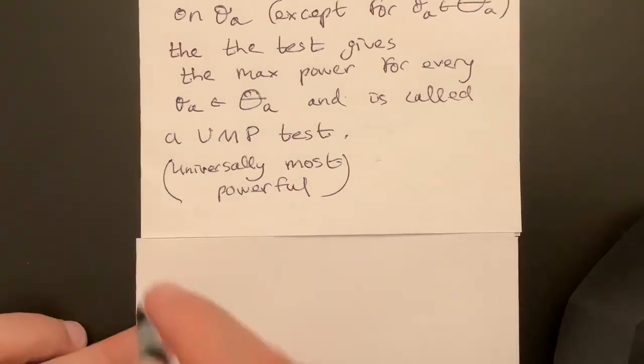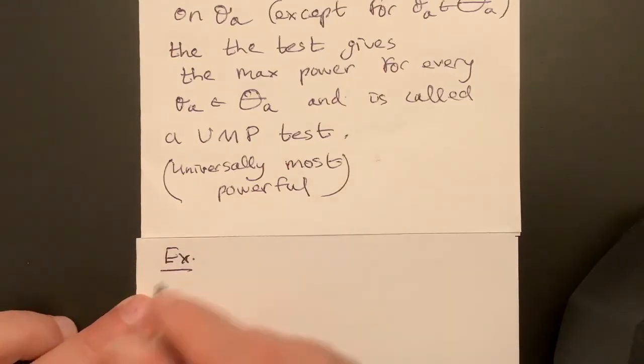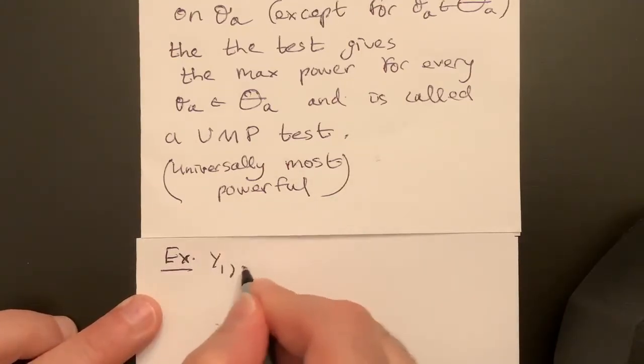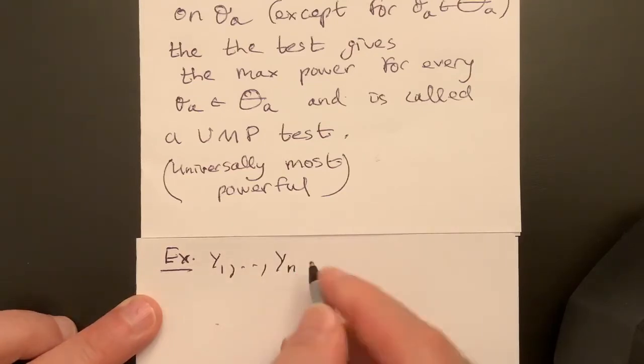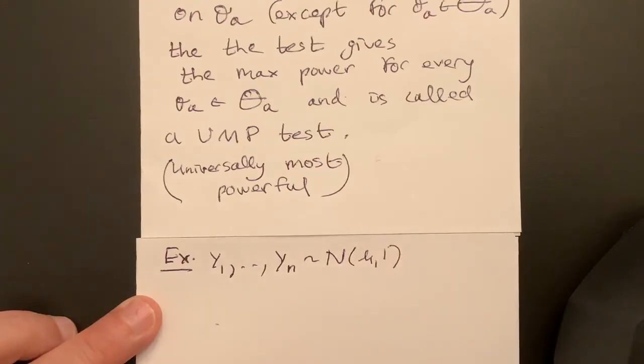Example. This is the same example I did in the likelihood ratio test, so I hope that's okay. So suppose we have a sample that's normal and the variance is specified, but I want to test the mean.